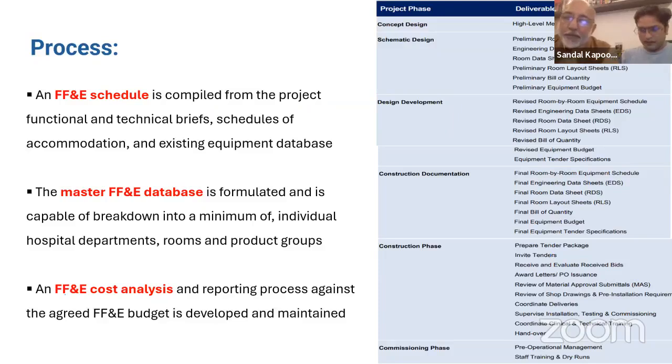And when we have a room data sheet, we have the floor, the ceiling, the four walls, what goes where. If we have equipment, what are the power requirements, what are the air conditioning requirements, what are the medical gases, what are the inputs and outputs, whether it's a pendant control or wall mounted. Like we are sitting here, we have a fan right on top of us.